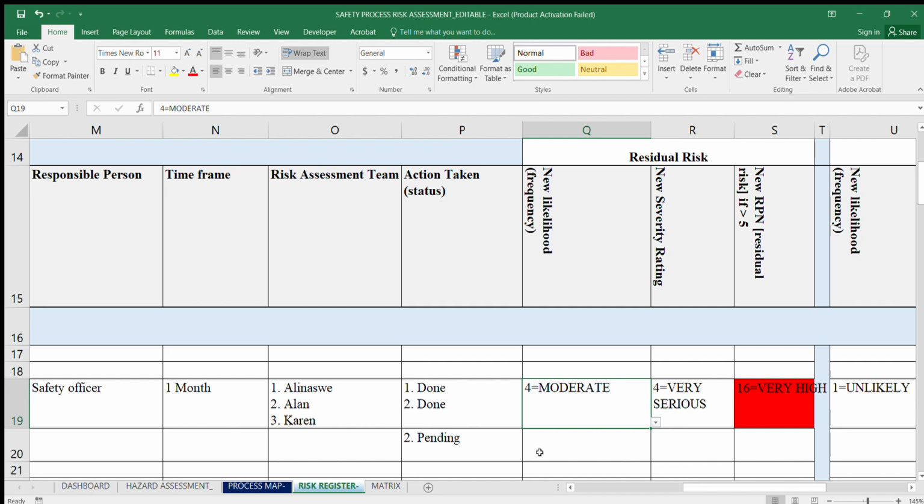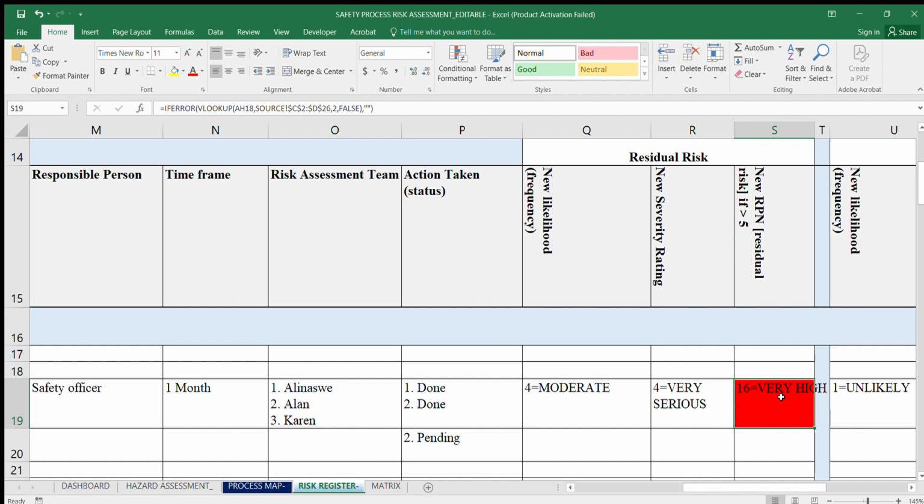Therefore, the risk has increased because of lack of implementation. If the chances increase, even the risk increases. At this point, now the risk is very high.